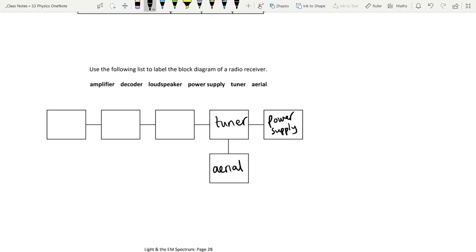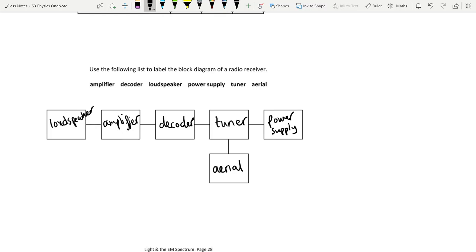Then, when this tuner gets the signal from the aerial, it decodes it, then it amplifies it, then it sends it to a loudspeaker, and then we can hear it.